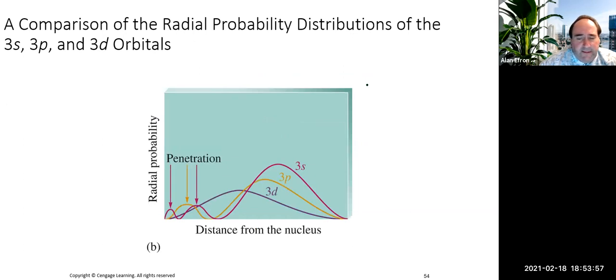That's what these graphs represent: the distances as we go from 3s to 3p to 3d, and how close they can get to the nucleus and penetrate, far away in a wave type function. So what we end up with is the order of how electrons fill the atom. And the good news is you can create it pretty easily for yourself.